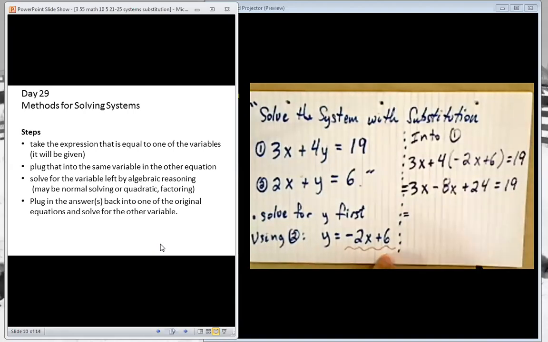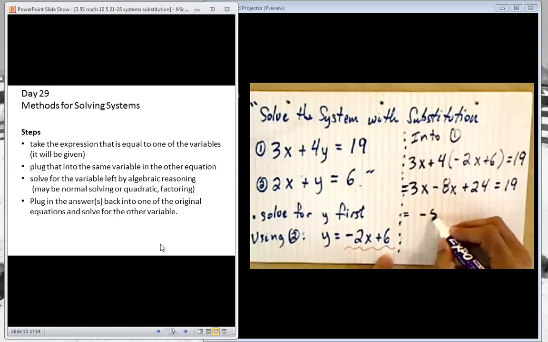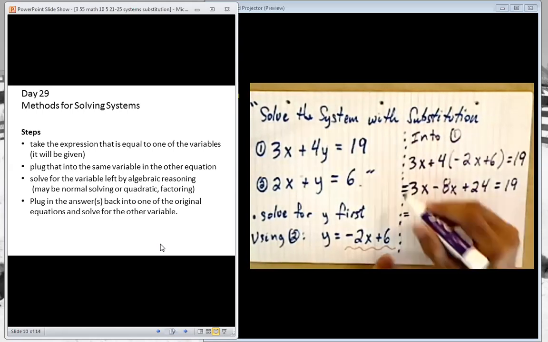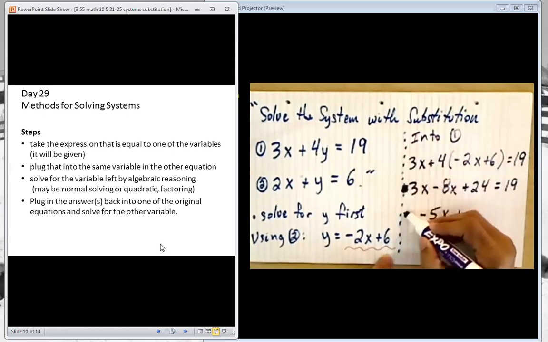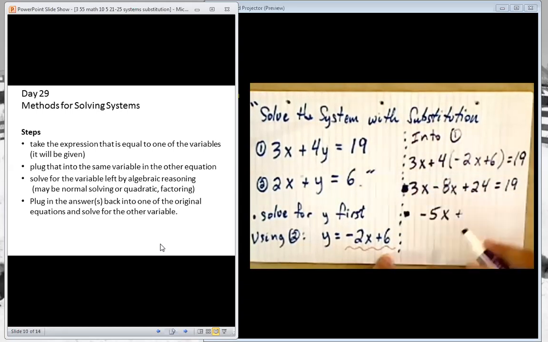No, this is an equal sign, not minus. Oh, I shouldn't have put that in there. I messed it up. So it's plus 3x minus 8x. Yeah. So that's minus 5x for those first two. Let's do it like this. Minus 5x plus 24 equals 19.